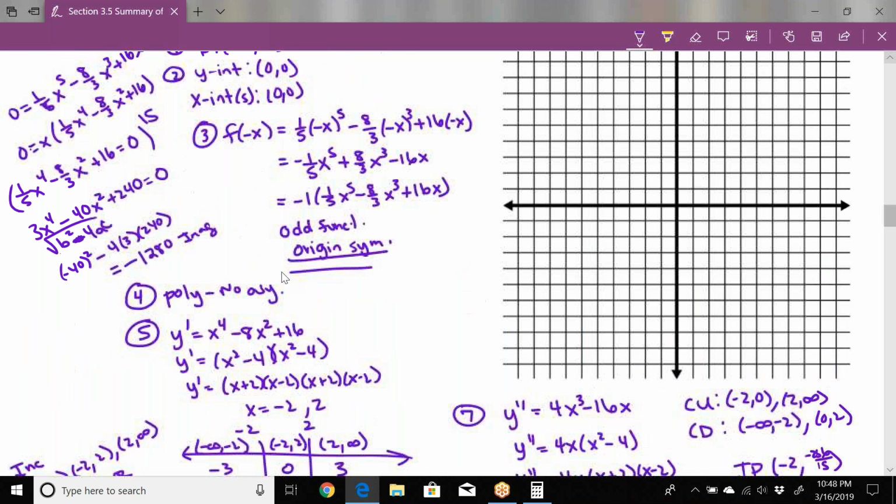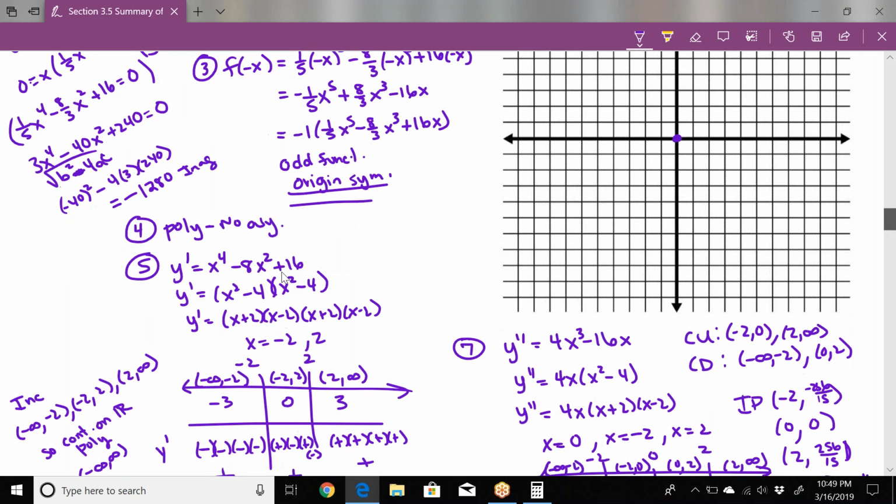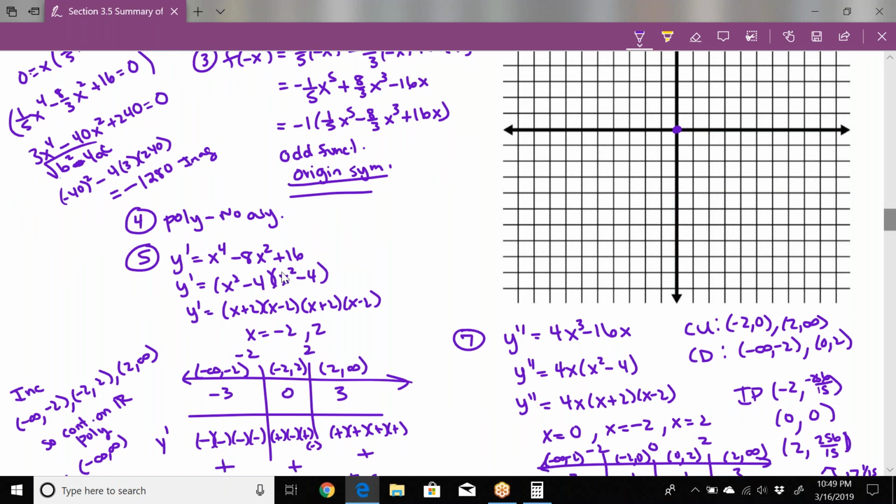Okay, so let's plot what we know. We have 0, 0 as the only x and y intercept. We know that it's an odd function, and that'll help us sketch it. So essentially, we need to plot all the other information. I counted this region by 1 and this region by 2's. So we're going to have to go down to -17 and 1/15.